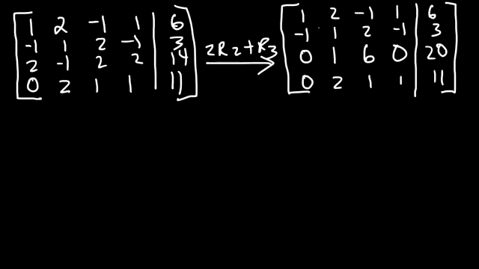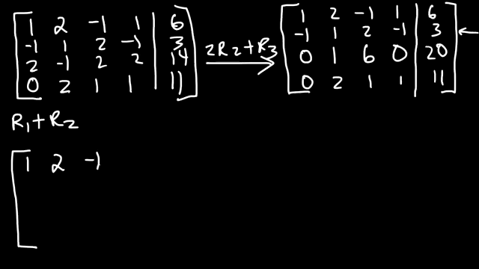Alright, now we need to make this a 0. So I'm going to apply the next operation to this row. And that operation is going to be R1 plus R2. Apply to the second row. So the first row is not going to change. So let's rewrite those numbers.